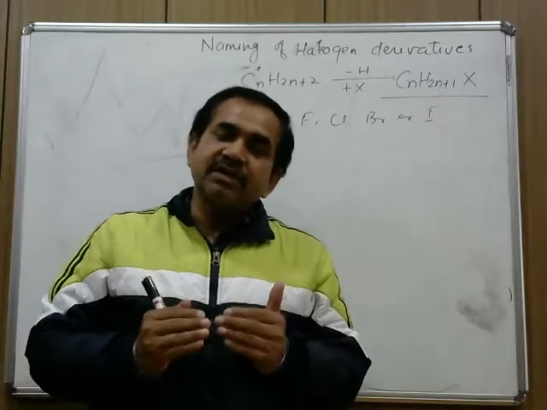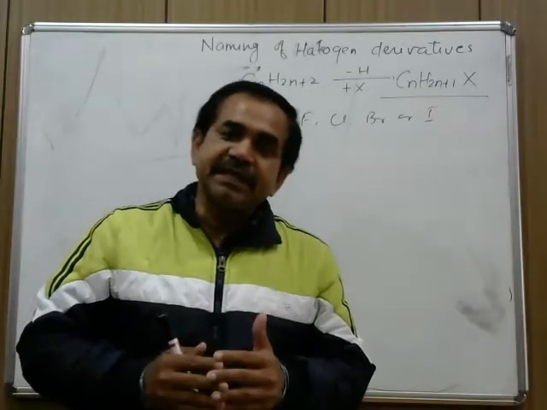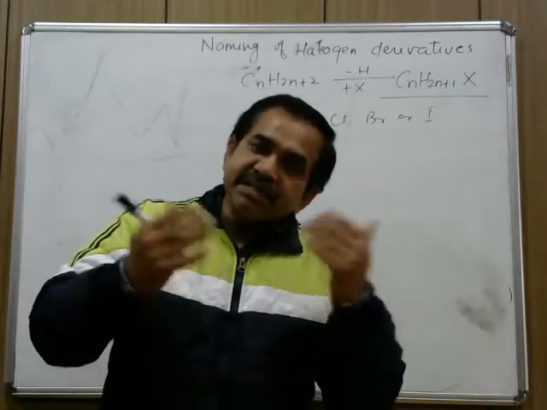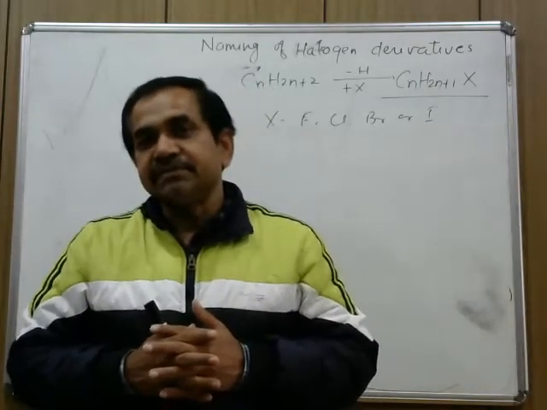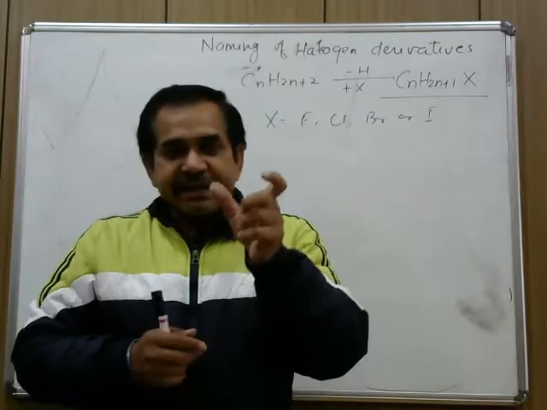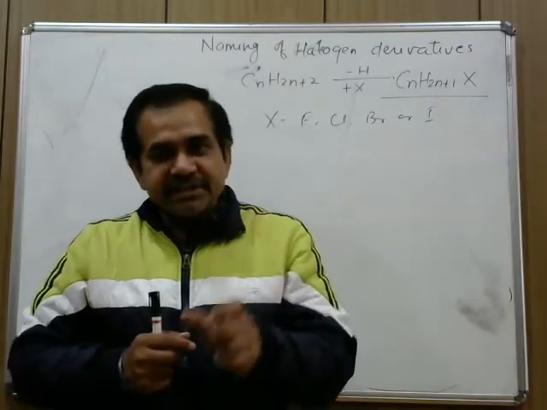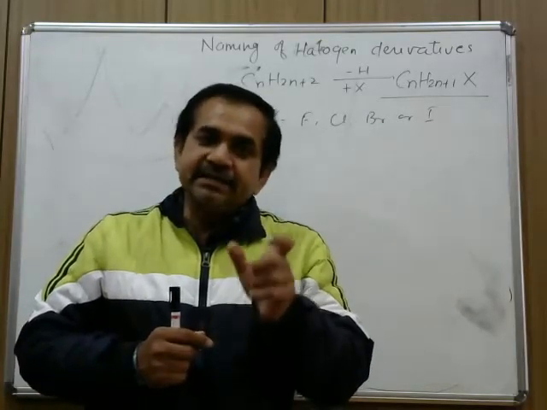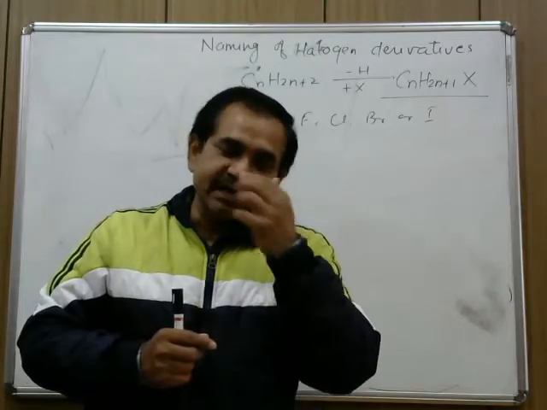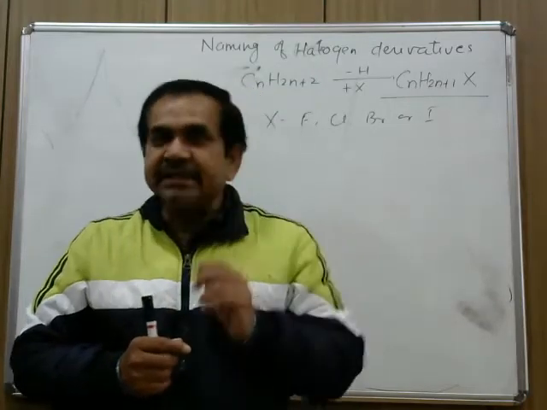Once one or more hydrogen atoms of an alkane are replaced by halogen atoms, the characteristic properties are changed, and those changed properties are largely determined by this halogen atom.